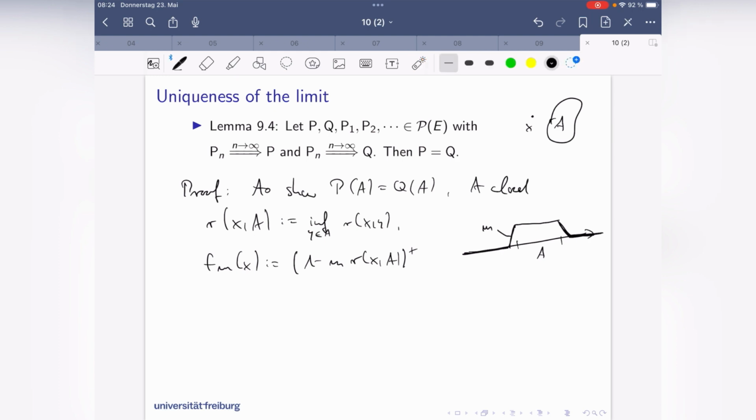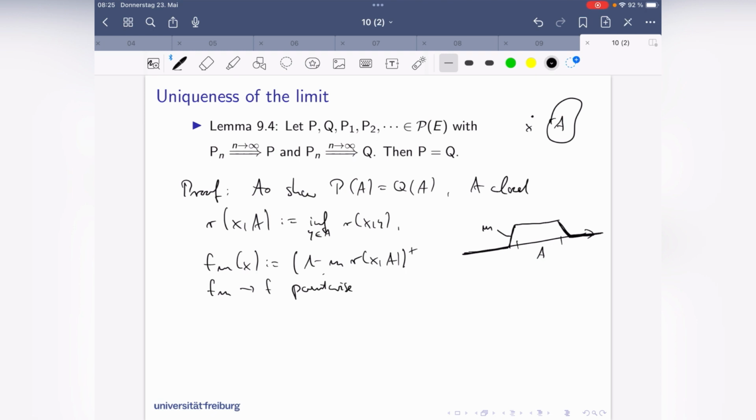On the other hand, fm goes to f pointwise. For this statement, I need that A is closed, because if it were open, that would not hold at the borders here. But since it's closed, that works pointwise.